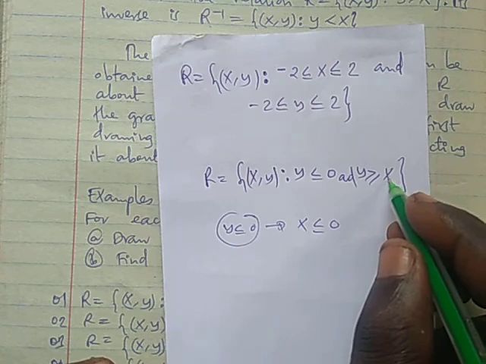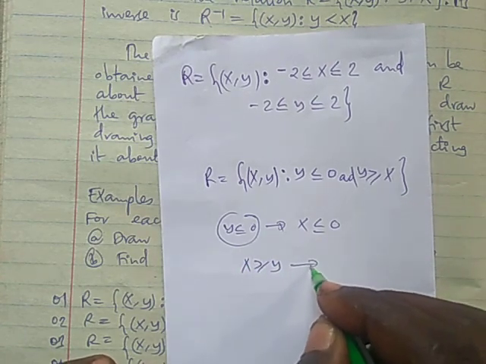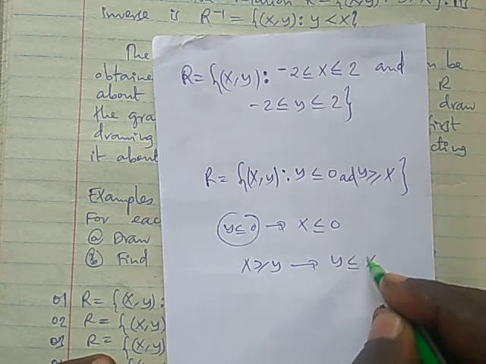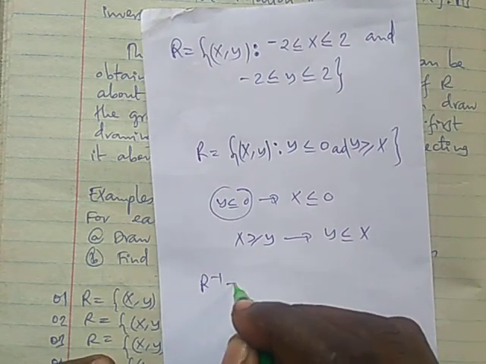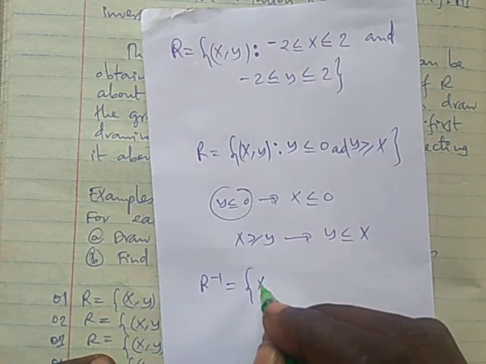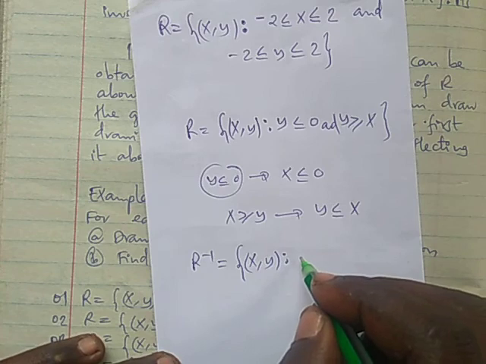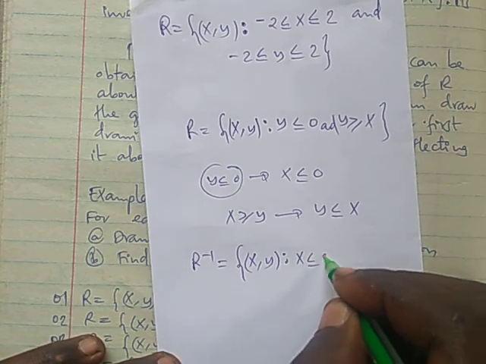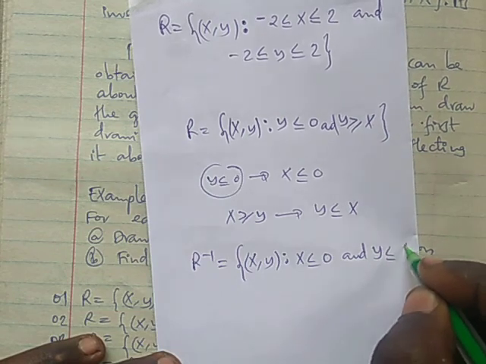Y is greater than or equal to x becomes x is greater than or equal to y, that is to say y is less than or equal to x. So R power -1 is equal to the set of ordered pairs (x, y), whereby x is less than or equal to 0 and y is less than or equal to x.